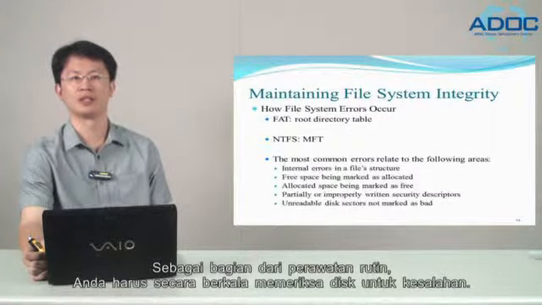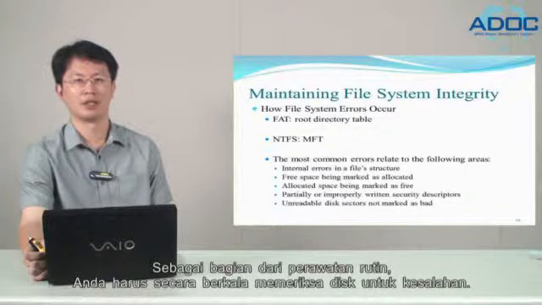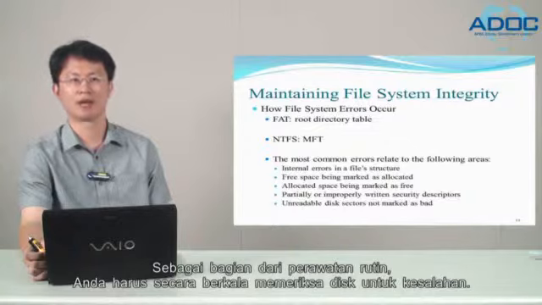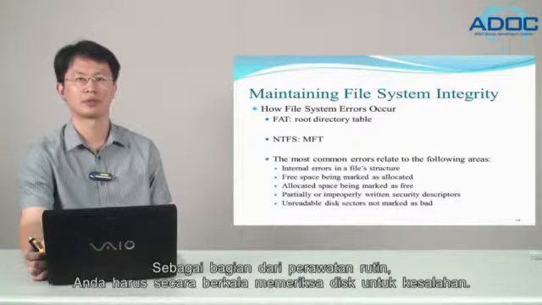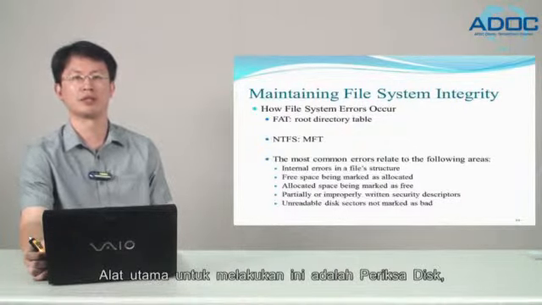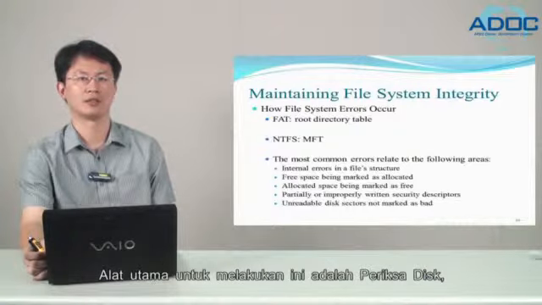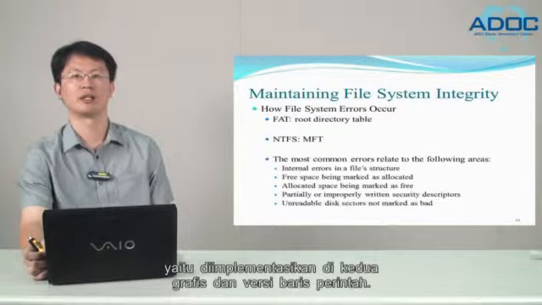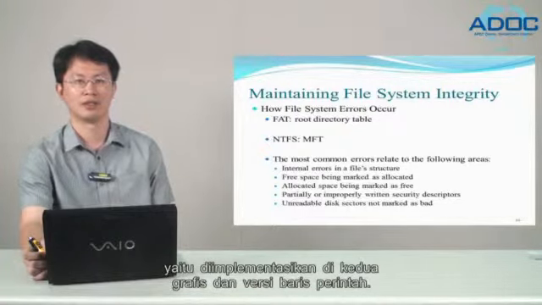As part of routine maintenance, you should periodically check disks for errors. The primary tool to do this is Check Disk, which is implemented in both graphical and command-line versions.